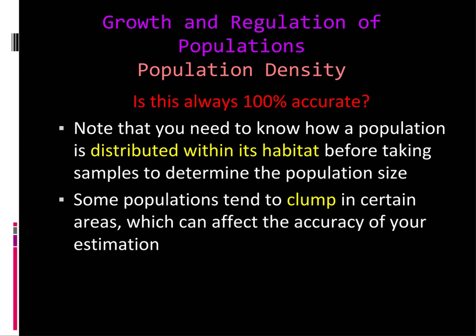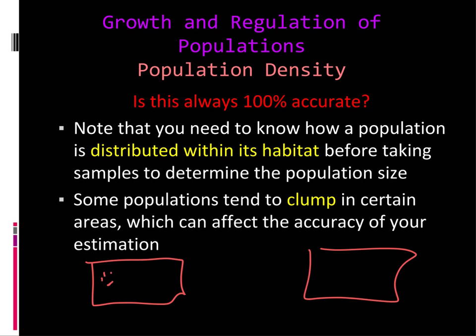Now, is population density always 100% accurate? Note that you need to know how a population is distributed within its habitat before taking samples to determine the population size. Some populations tend to be clumped in certain areas, which can affect the accuracy of your estimation. If we are looking at two different samples here, we could have a whole bunch of bacteria that are clumped within that area and maybe clumped over with another area here.